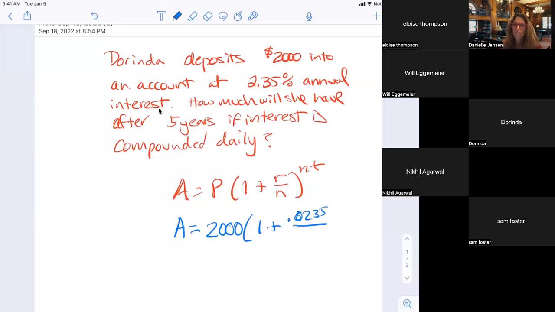What am I putting in for N? What does N stand for? 365. Yeah, it's the number of times compounded per year. And in this case, daily, we're going to go with 365. That's exactly right.